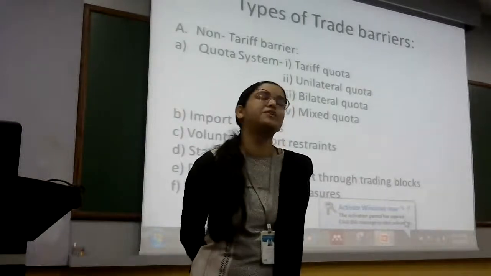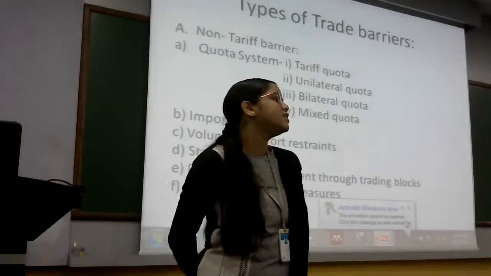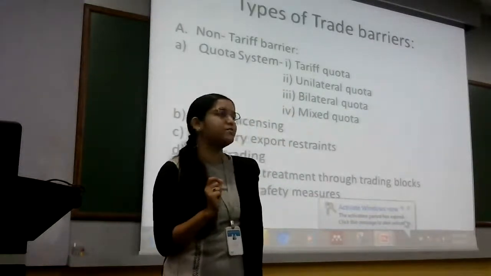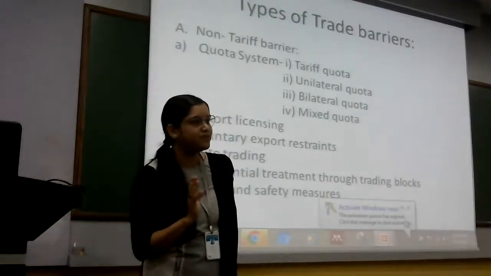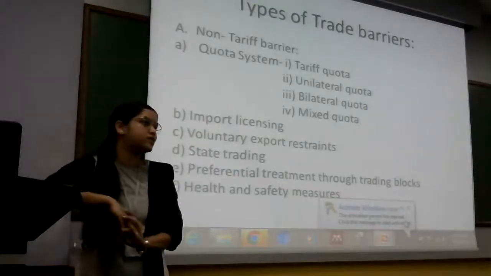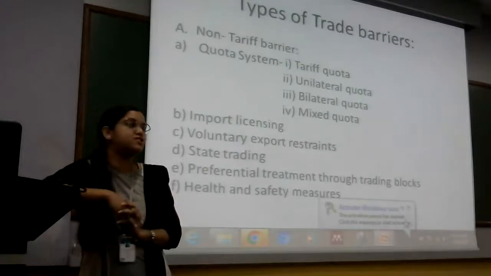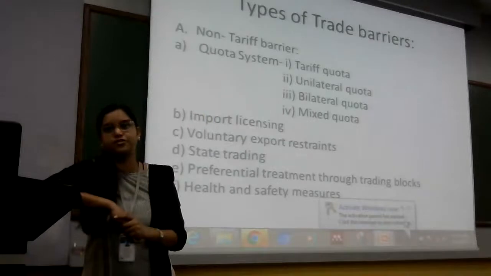It's nothing but, before doing this import export, that means before this entire transaction, you have to make sure that the product is very much suitable for the health and safety measures of that particular country, right? Because all the countries' health and safety measures are not similar. The health and safety measures we have here are completely different from foreign countries.